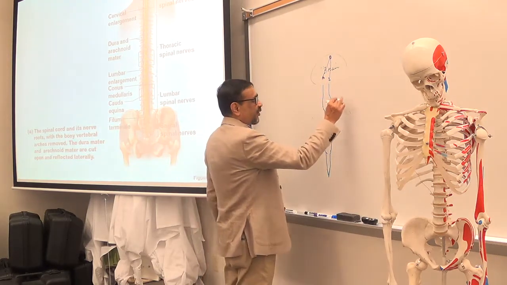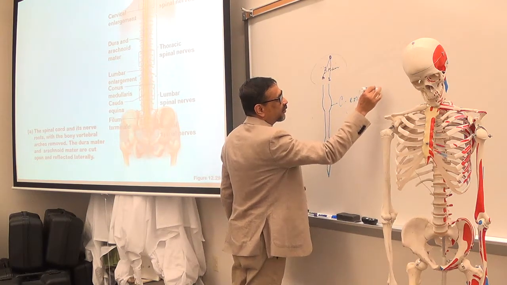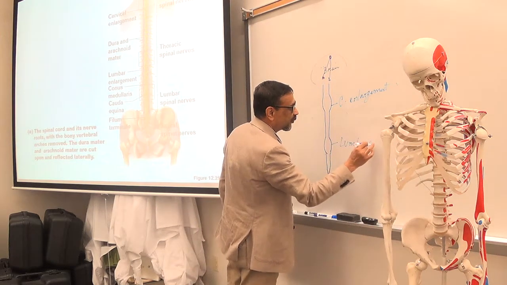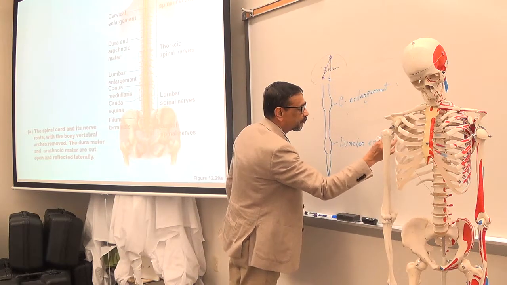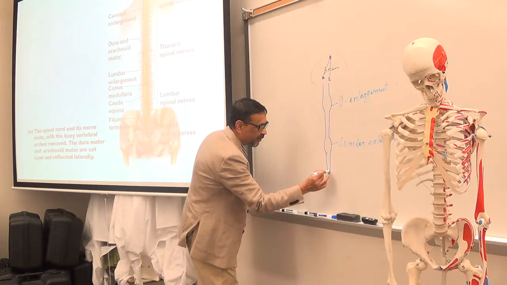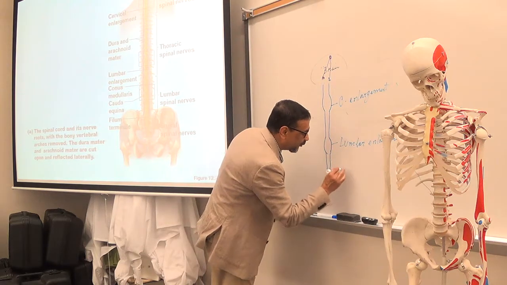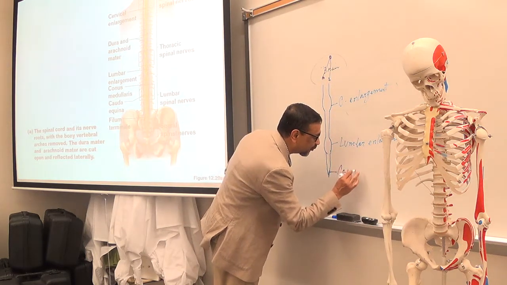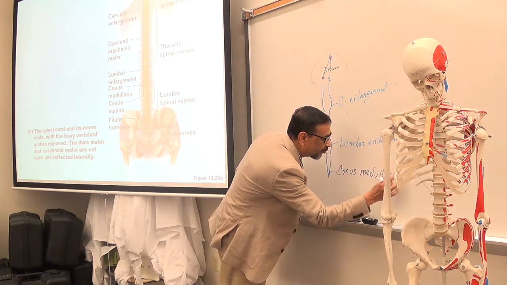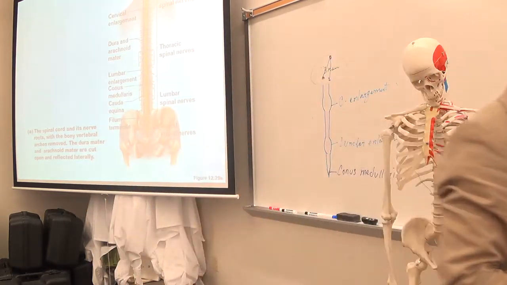So this is the cervical enlargement, this is the lumbar enlargement, and this is the lower end of the spinal cord, which is cone shaped, and that's why this part is called conus medullaris. Cone shaped lower end of the spinal cord.